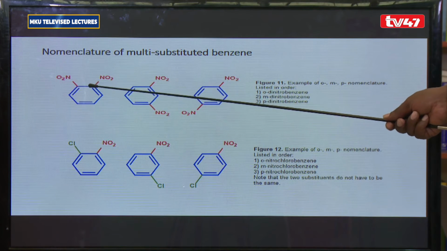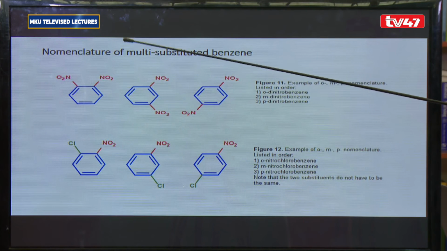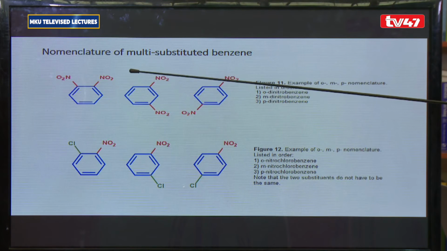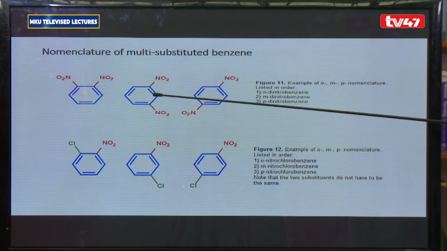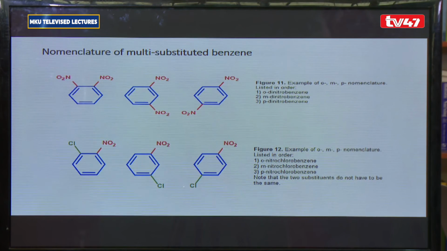So the position is 1 and 2. If you start with 1, then the next one is just next, so it is at position 2. So it is 1,2-dinitrobenzene.